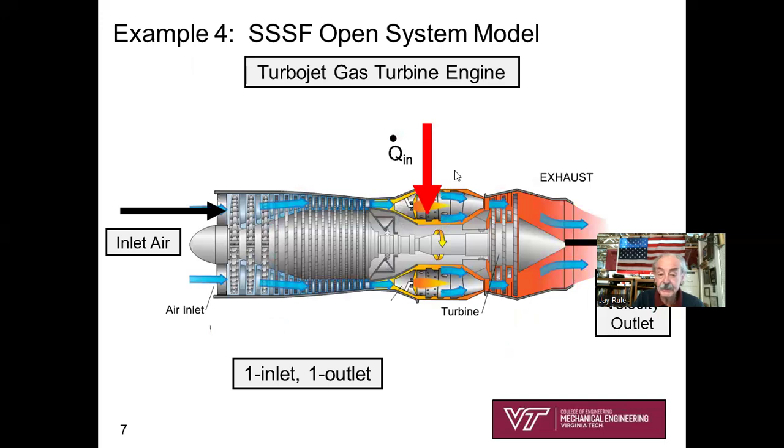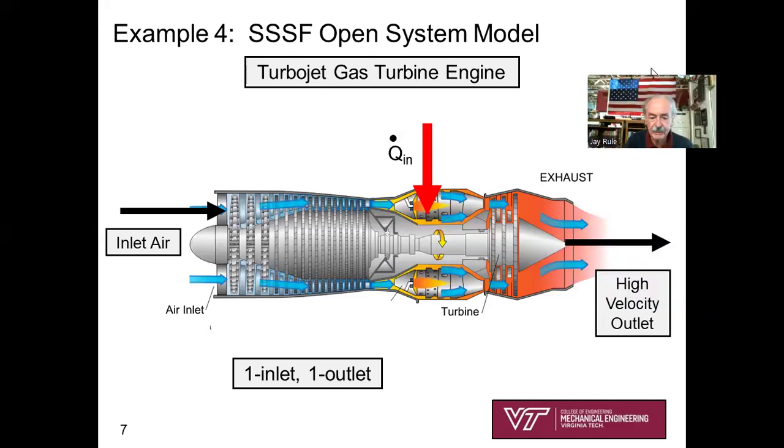Example 4. This is a gas turbine engine, and we call it a turbojet because notice there's no shaft coming out of this particular engine. So this is a classic aircraft engine where we've got a number of pieces of equipment. This is called the compressor section. This is called the turbine section. And in here, there's a combustion chamber.